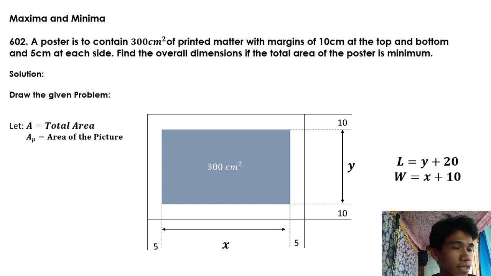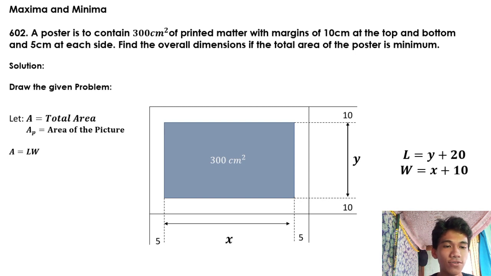So let A equal the total area of all, both the picture and the margins. Then A sub P is the area of the picture. First we substitute the values of length and width, because in a rectangle the formula of area is length times width.